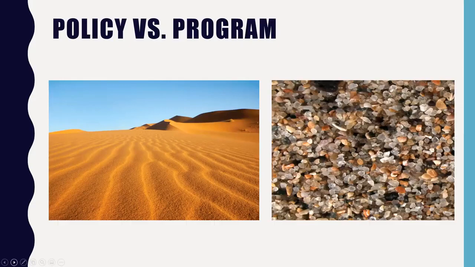So a policy is more of an overarching declaration of the aims and goals of an institution's preservation efforts, and a preservation program is a more detailed illustration of how those aims and goals will be carried out and implemented and evaluated and so on.